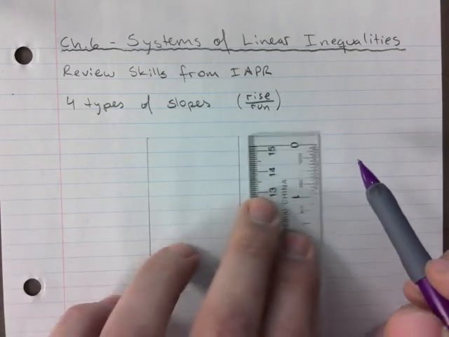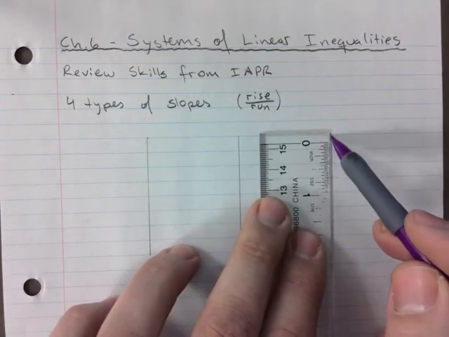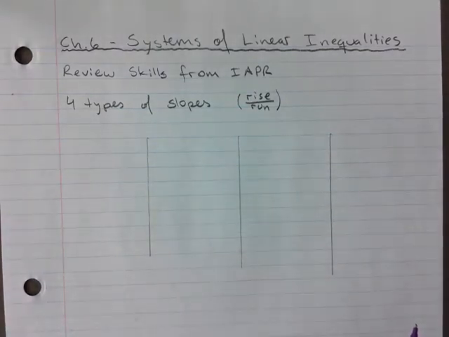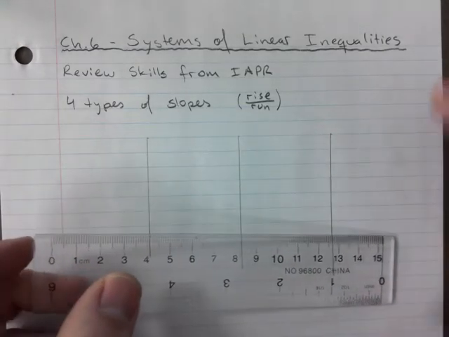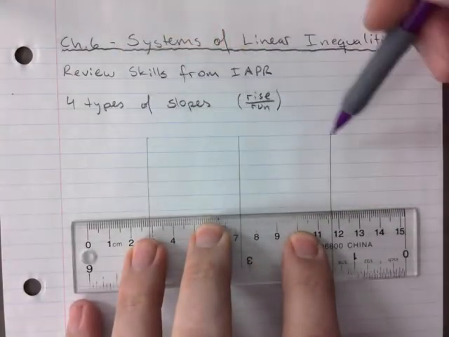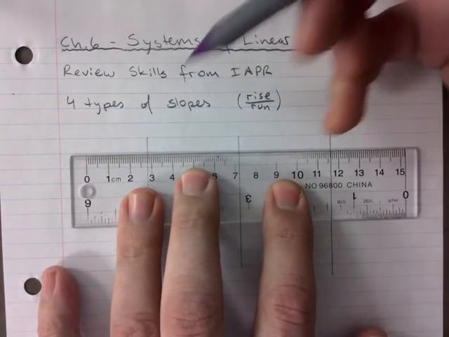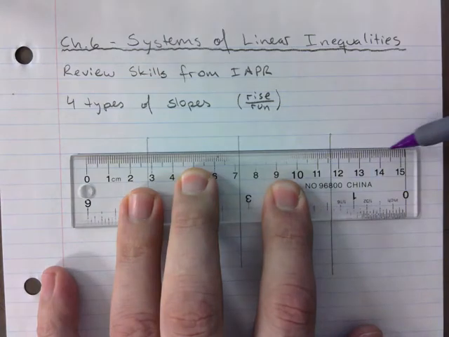If you don't have a ruler, it'll be okay, but your notes just won't be as good. If you can get a ruler, especially for this unit, it doesn't have to be extravagant, a 15 centimeter will do. So we have 4 columns here, and try to space them out equally.